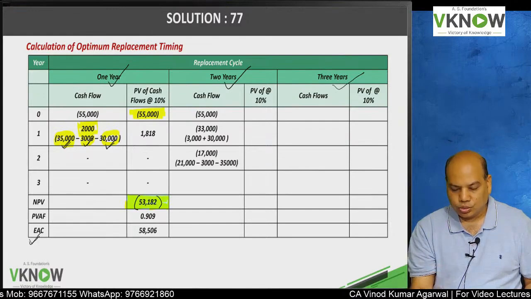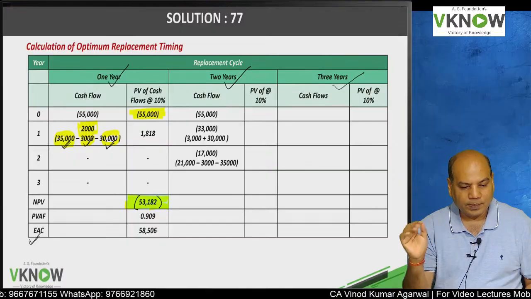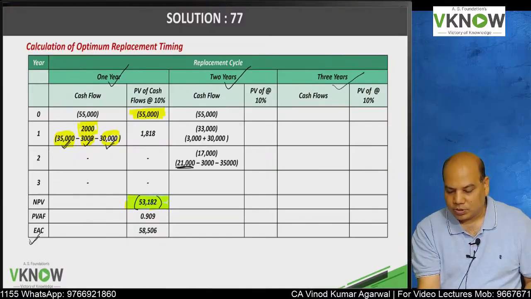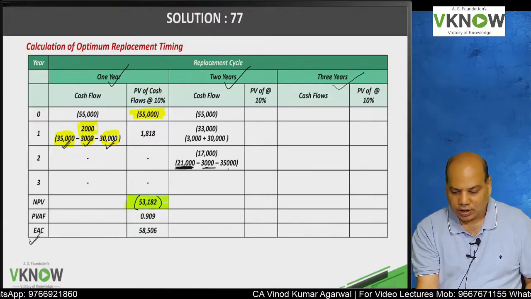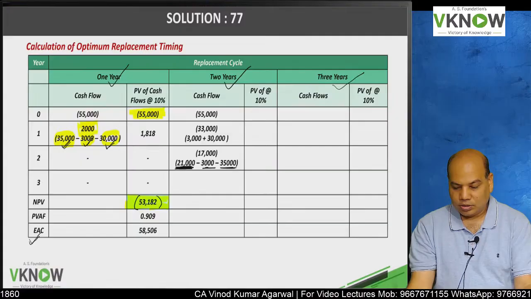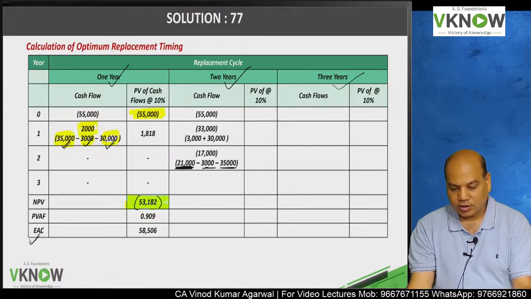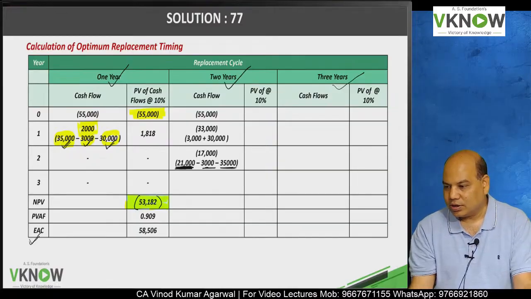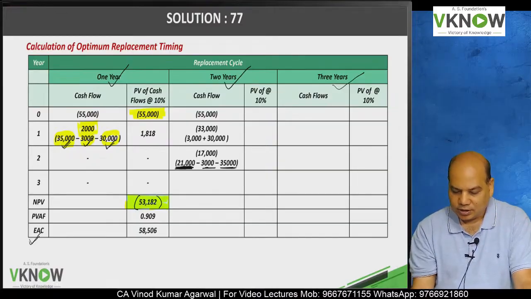And in year 2 we are going to scrap it also. So we receive 21,000 rupees scrap value minus 3,000 road tax minus 35,000 petrol repair. So what is my net cash flow of the second year? 17,000. Please check, 17,000 is right.